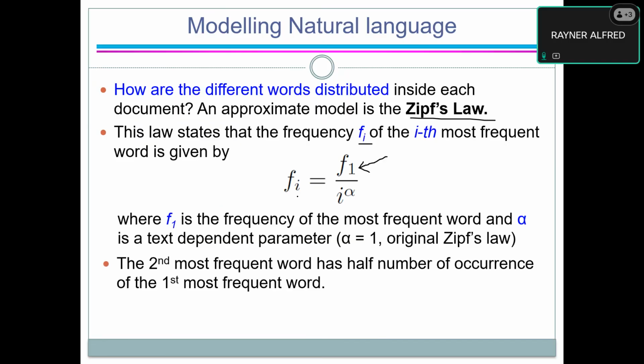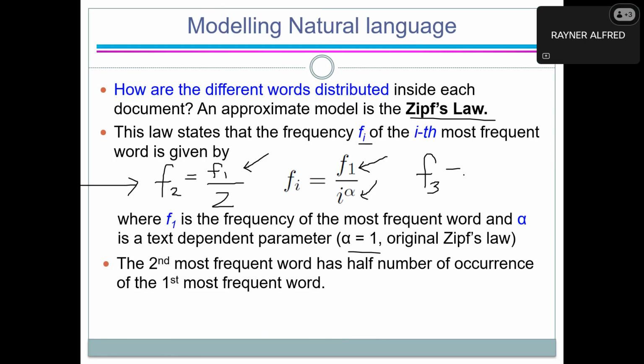Then the second one, F2, is equivalent to F1 divided by 2, where alpha is 1. So it means that the frequency of the second one is half of the first one. If we have the third, that means the frequency of the third word is 1/3 of the first one. So that is the meaning here.